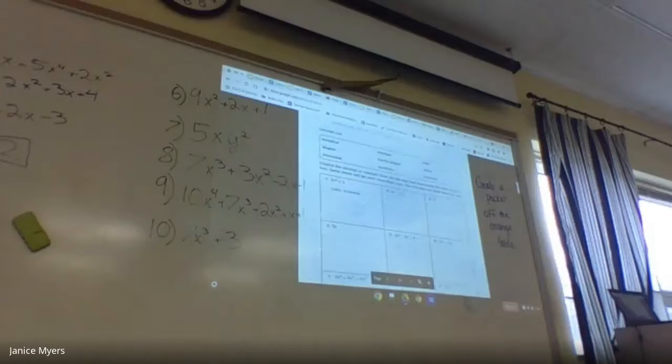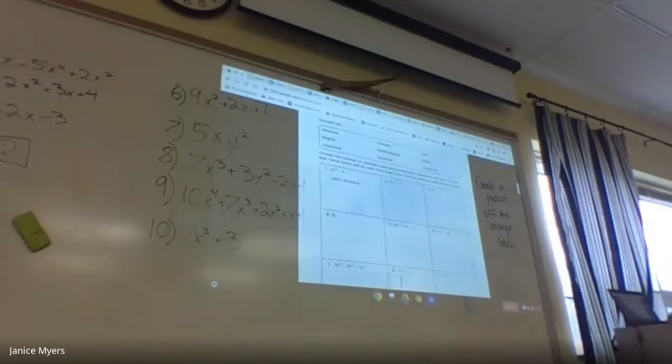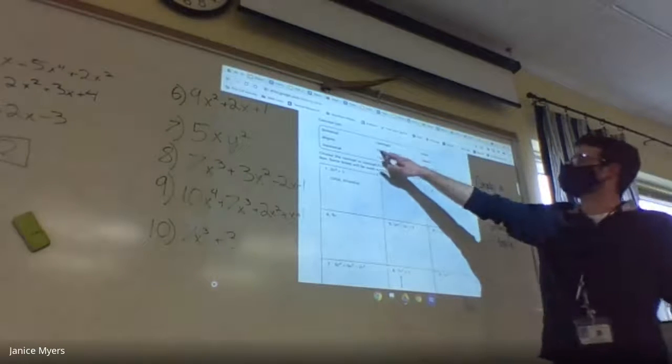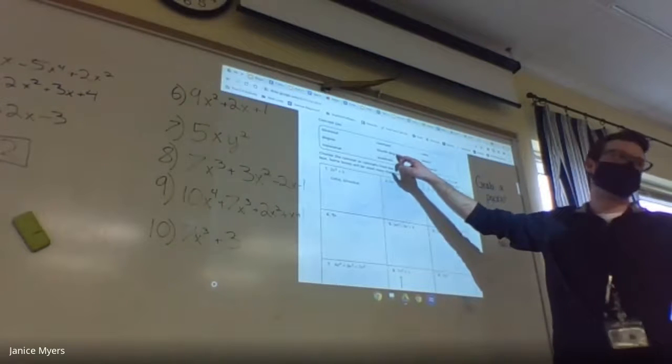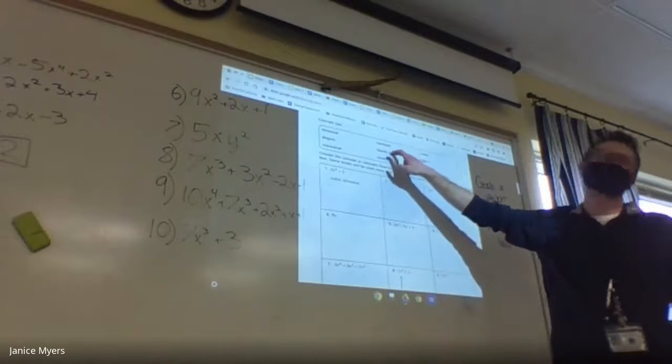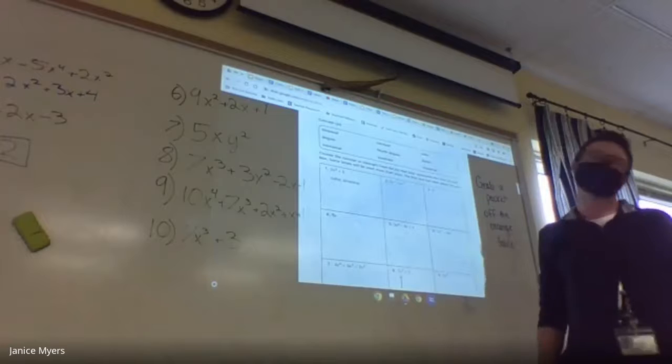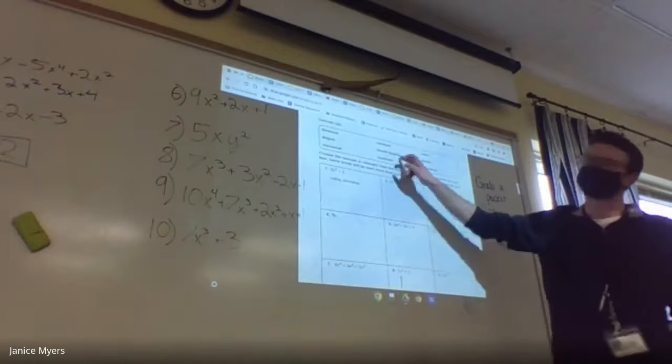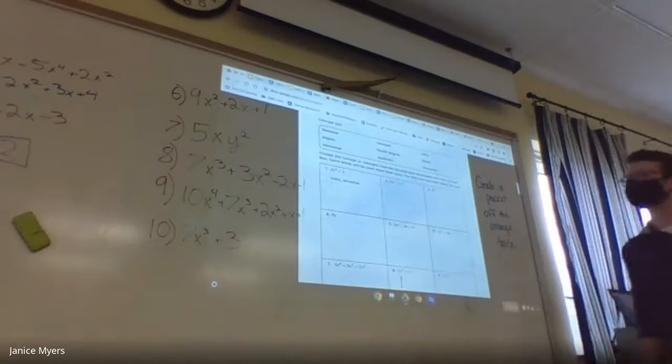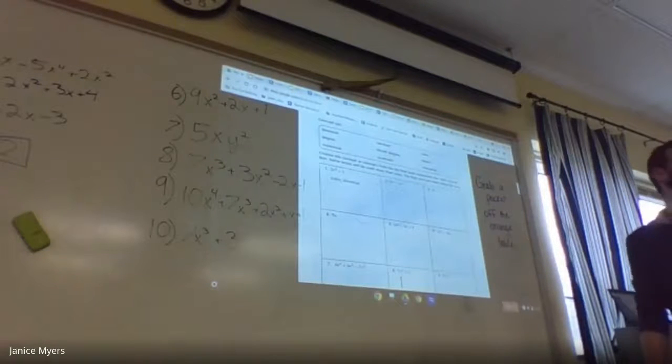Just a note on this second page, in your word bank, you can get rid of fourth degree and write quartic. It's the same thing, but we use quartic, and you will probably see quartic on the EOC more likely than fourth degree. Like I said, usually after 4, that's when you start seeing the numbers.